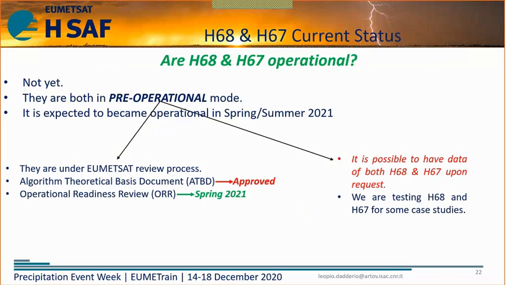What does pre-operational mode mean? It means that they are under the EUMETrain review process, so the ATBD, the algorithm theoretical basis document, is already approved, and we are waiting for the operational readiness review, which is estimated during spring 2021.